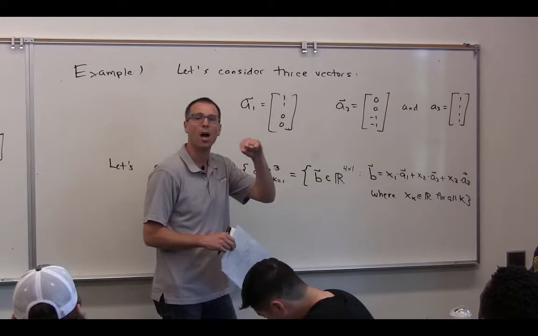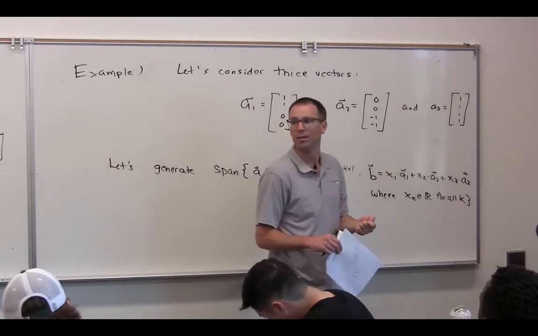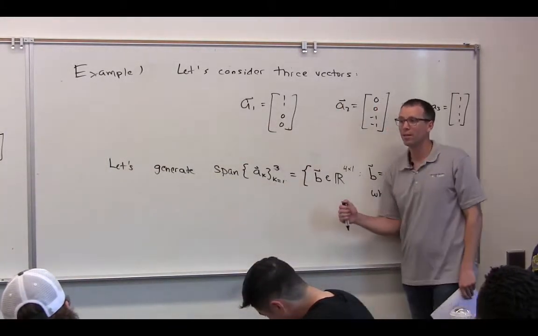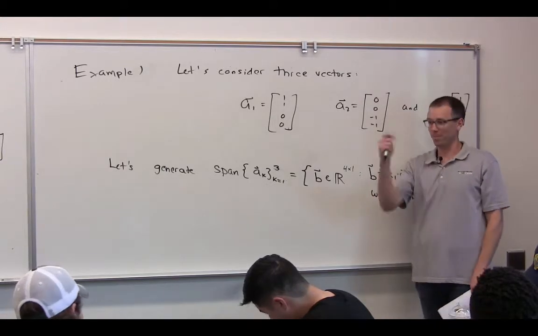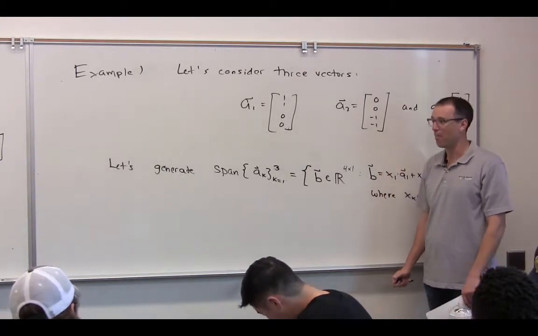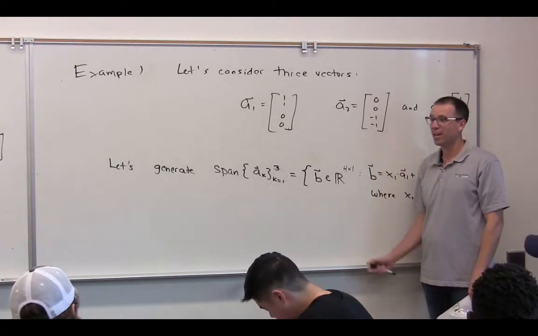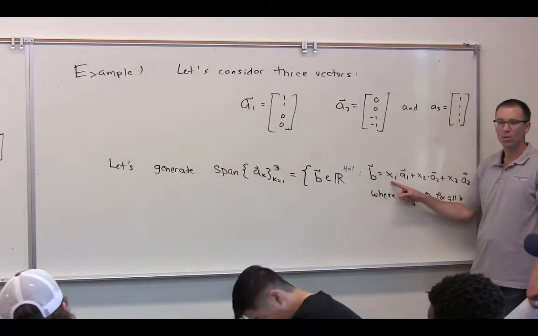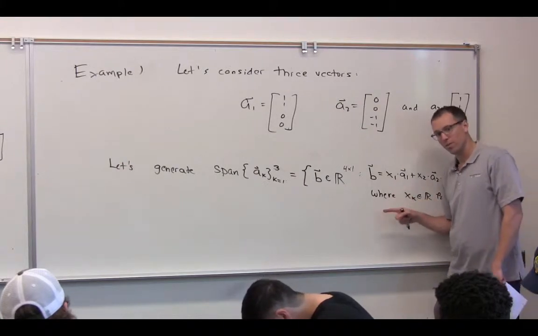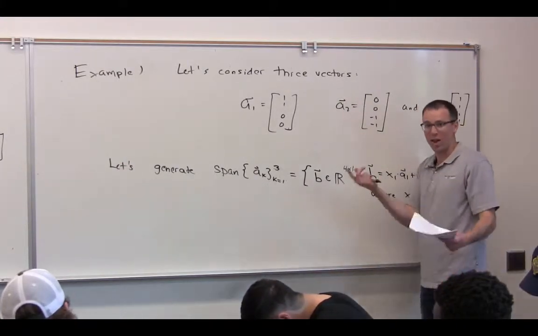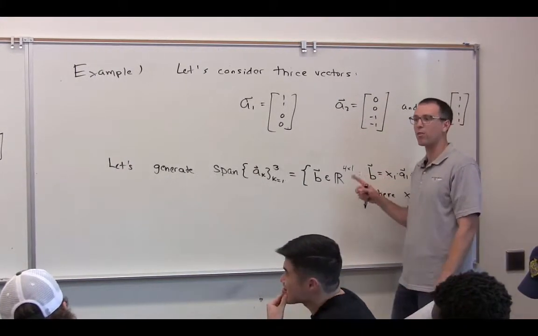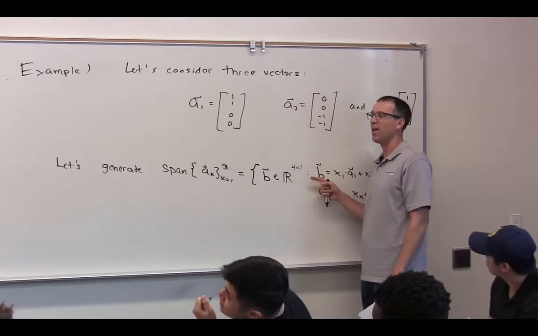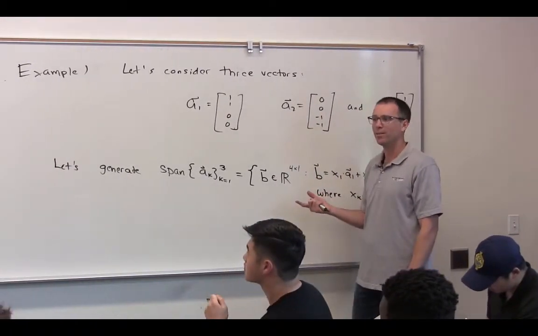Is the span a limited set? No. How many vectors are in the span? A bunch, all of them. An infinite number, right? Because the span is generated by doing what? Yeah, irrational, rational, any possible real scalar, and running through every possible linear combination that can exist, right?